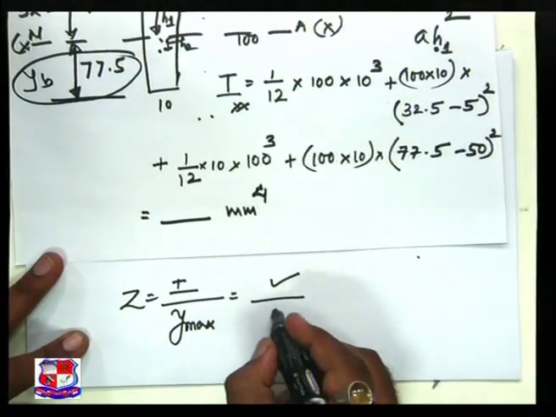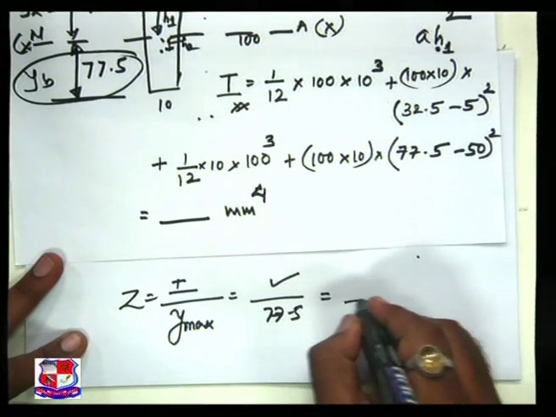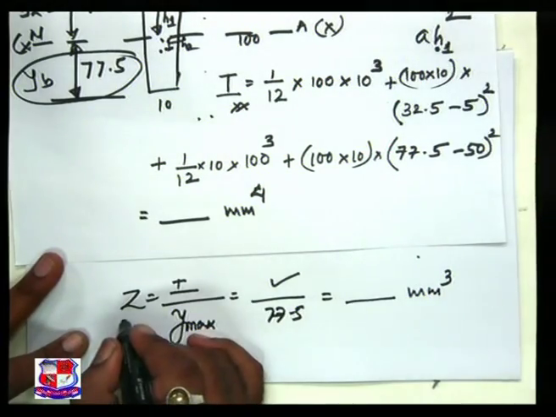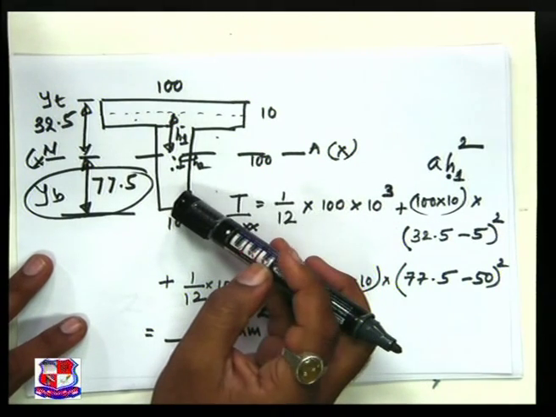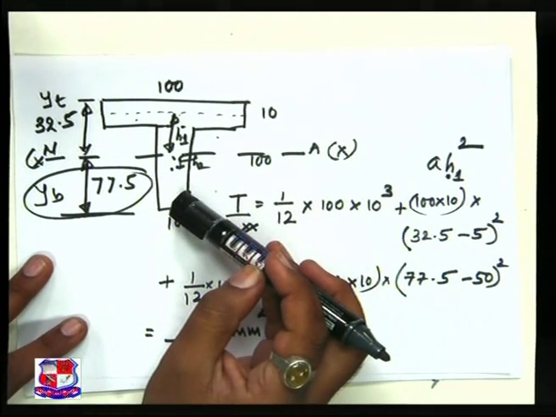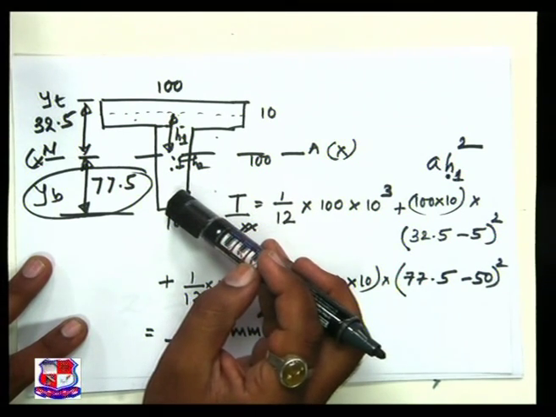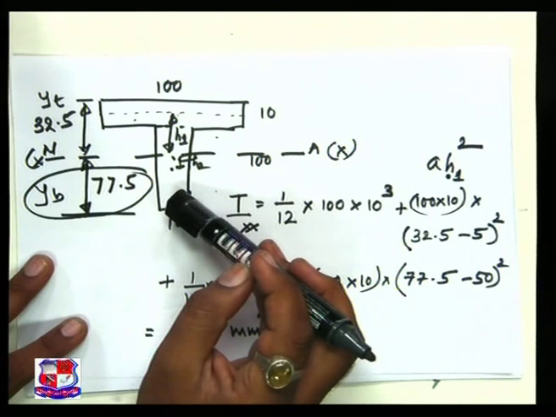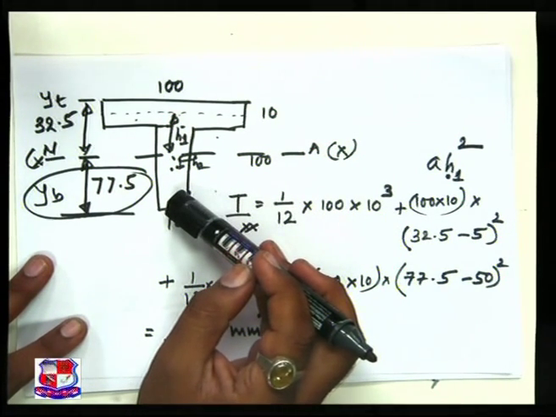So here it is 77.5, and whatever answer you get is in terms of mm cube. This is the value of Z for this T section. So I hope you have easily understood how to find the value of Z for a given I section, T section or any other section.